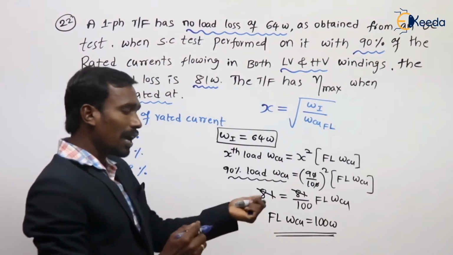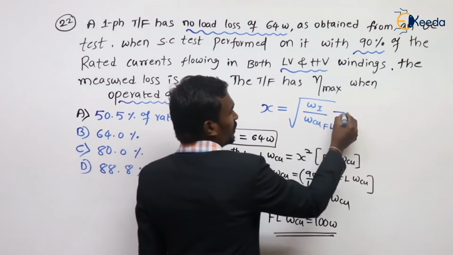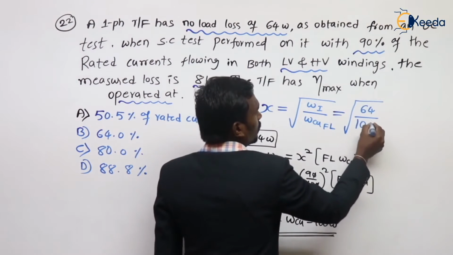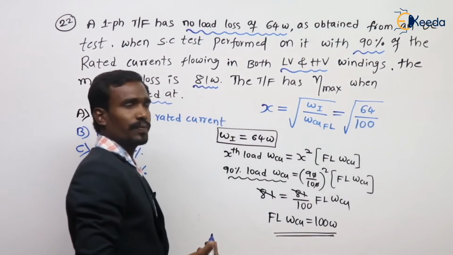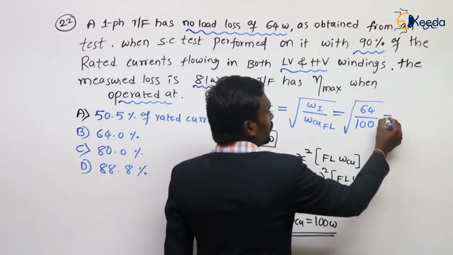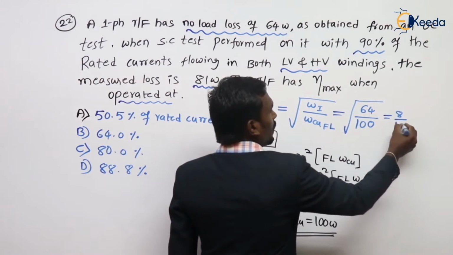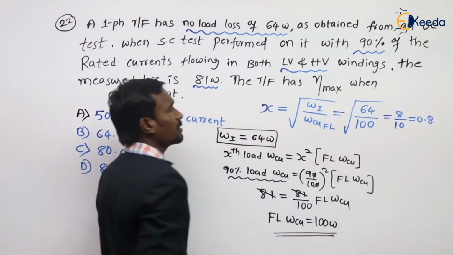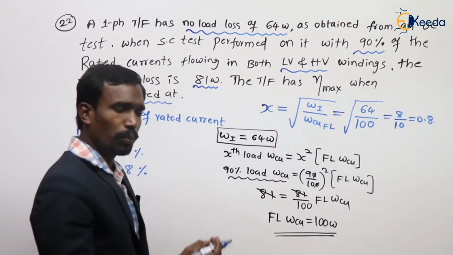Then at what load can we get the maximum efficiency? Square root of iron losses upon copper losses, root of 64 by 100, 8 by 10, nothing but 0.8.